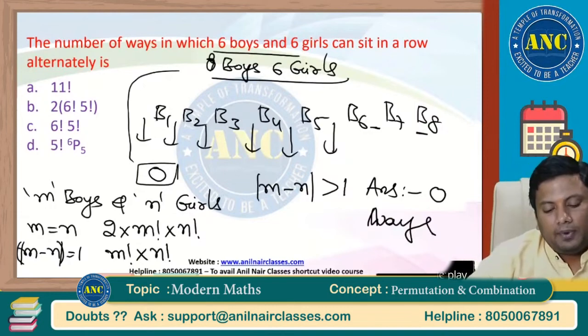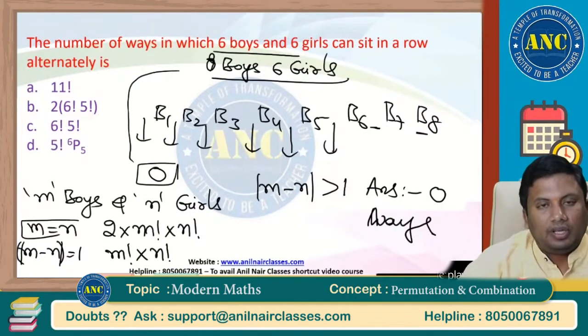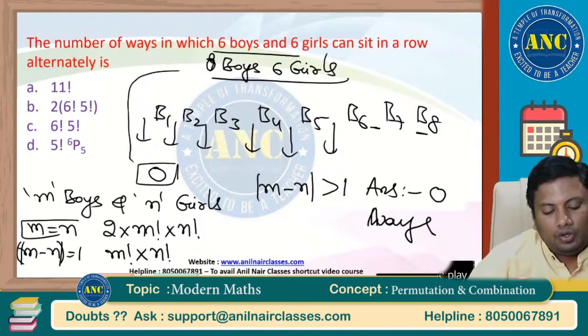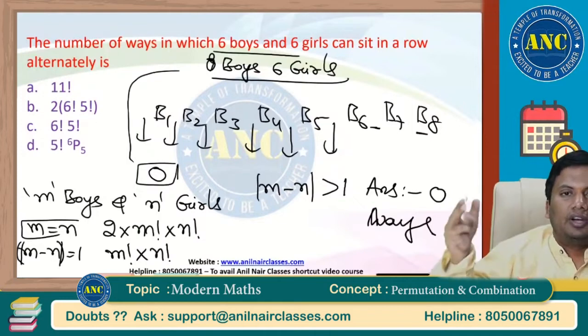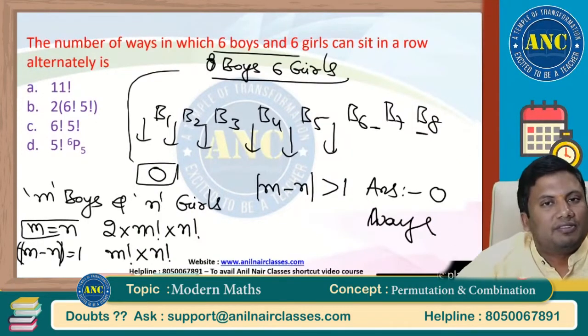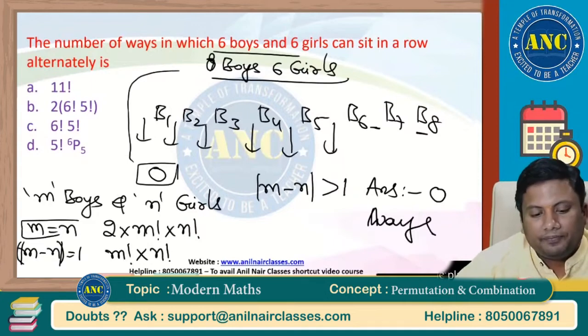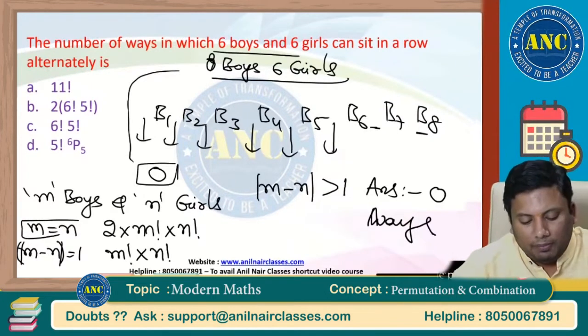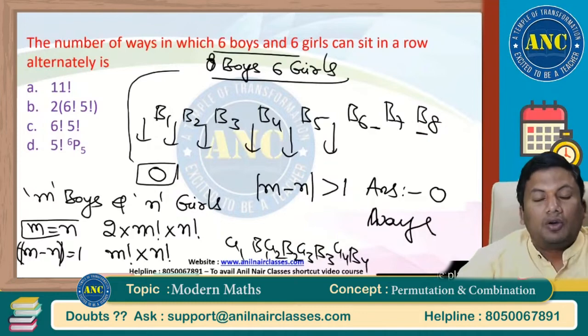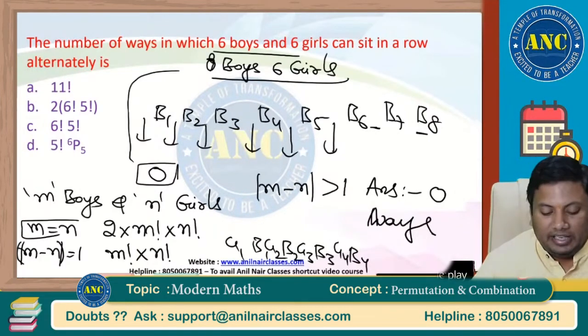If there are m boys and n girls sitting in a row, if m equals n, both of them can be arranged one after the other. 4 boys, 4 girls. 4 boys can arrange among themselves in 4 factorial, B1, B2, B3, B4. Girls can come G1, G2, G3, G4. Are you all with me? And they both can be interchanged also.